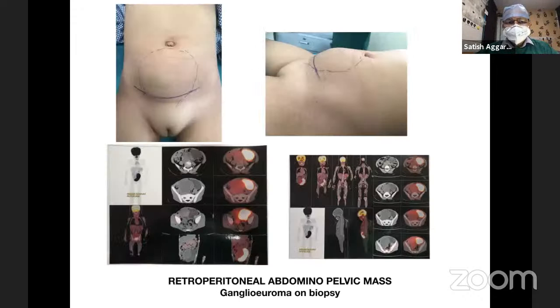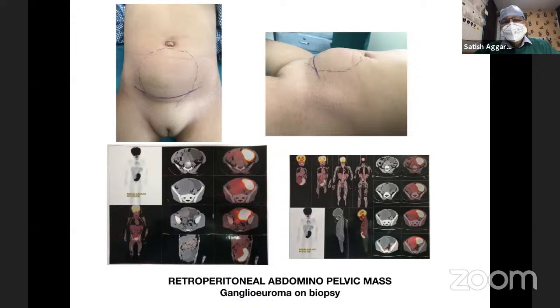I'll illustrate. Now this is a girl whom we operated on last week only. She is a 4-year-old girl who presented with this swelling in the lower abdomen and the hypogastric region. And when you try to feel this swelling, I was unable to feel the lower end of the swelling.